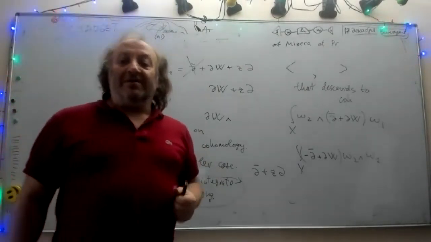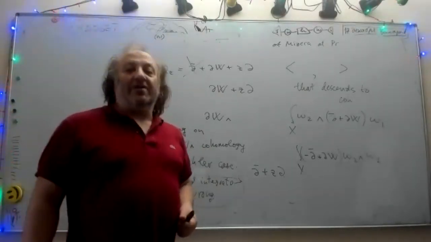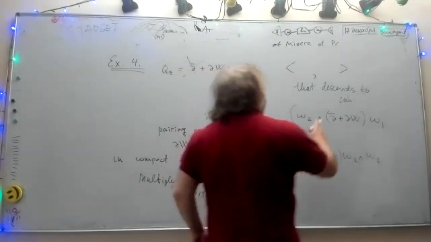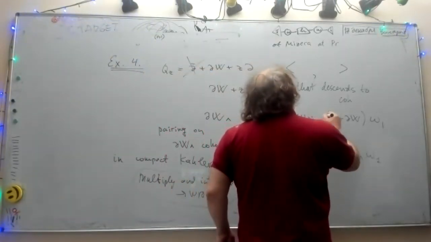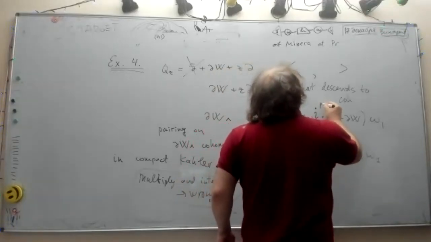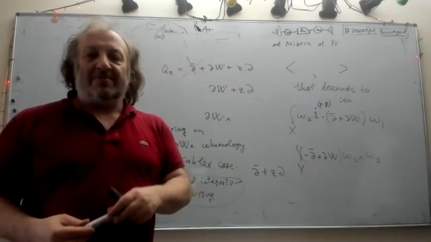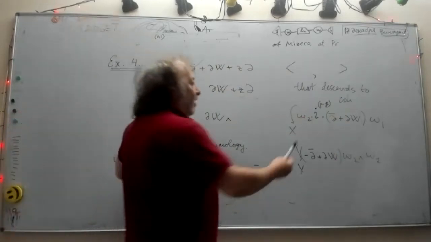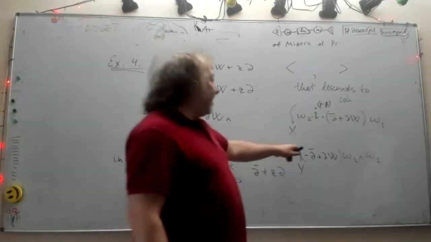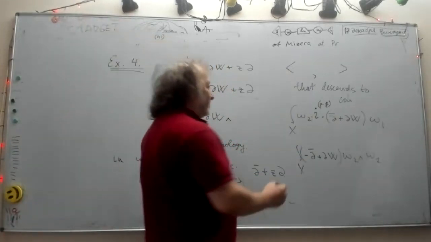But there is a way to go around. And it is called Weil operator. Okay? If you modify it by the complex number i to the power p minus q, where p and q is the type of the form, when you take this thing around, you will cancel this minus sign.